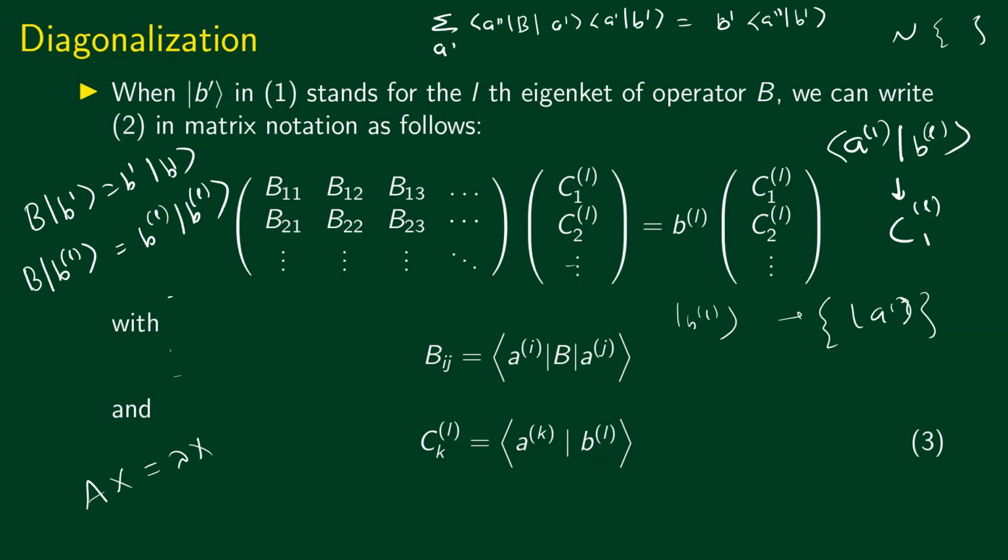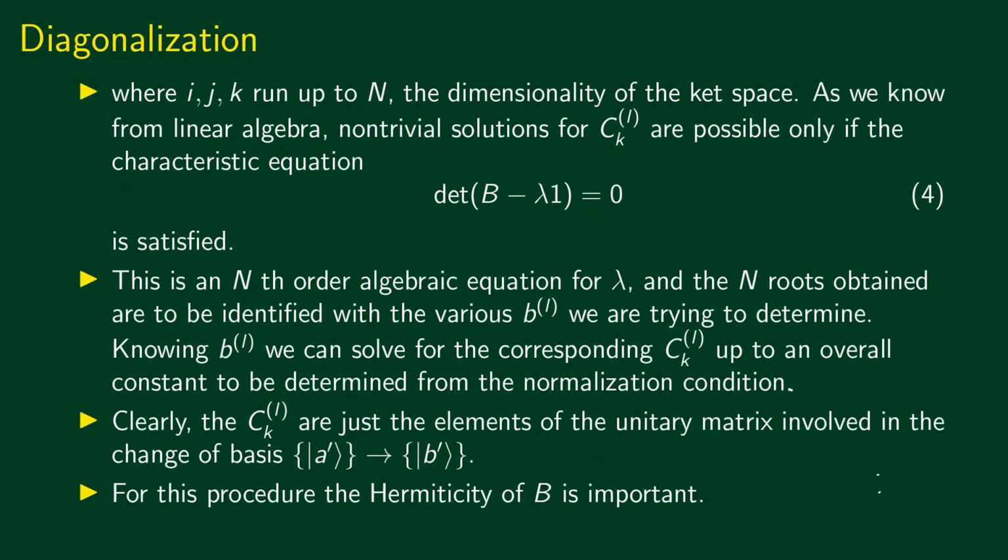Here the indices i, j, and k run up to capital N, the dimensionality of the ket space. Now we are back to good old matrix algebra: an equation of the form Ax equal to lambda x, where A is a square matrix, x is a column matrix, lambda is a number, and x is the same column matrix.